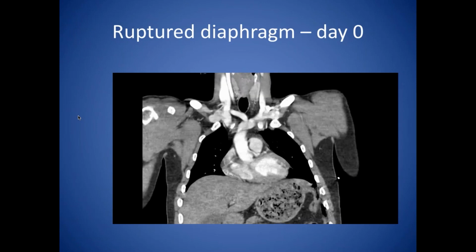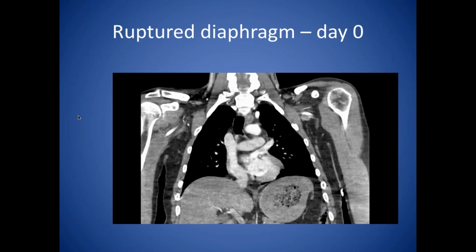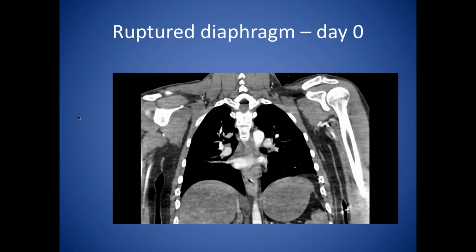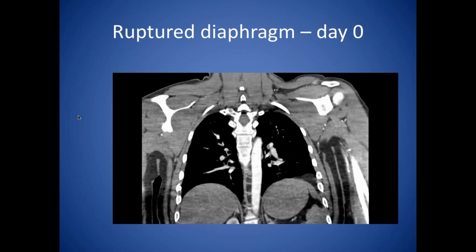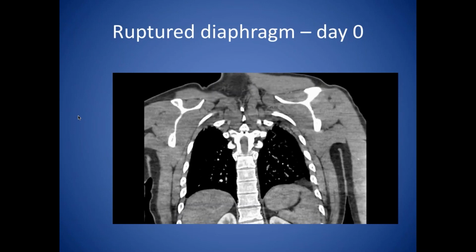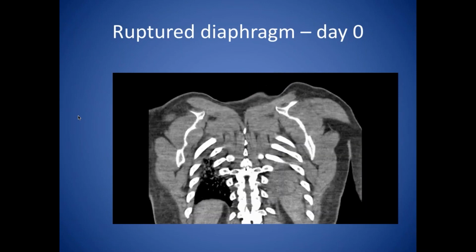And you can see very carefully on the left side, the diaphragm is ruptured and the fat that's in the abdomen has migrated through the defect. So one of the ways of not missing a ruptured hemidiaphragm is to look very, very carefully on the coronal sections and make it part of your checklist to exclude the rupture.